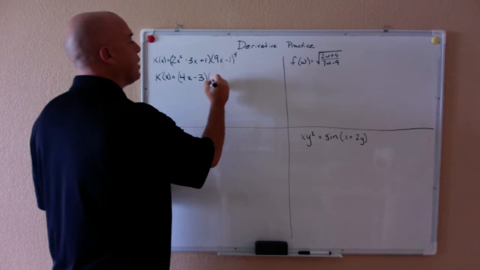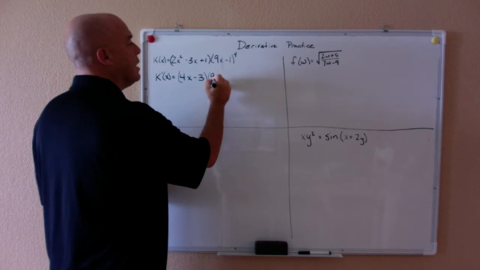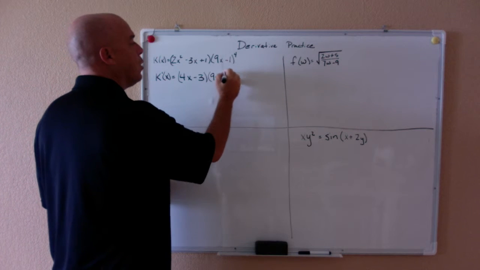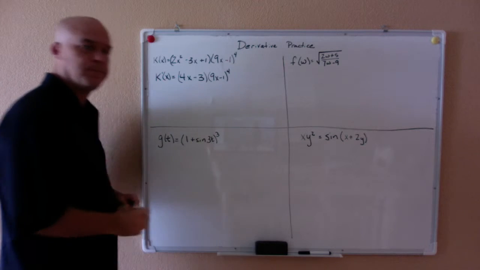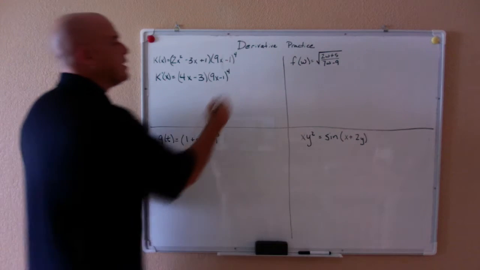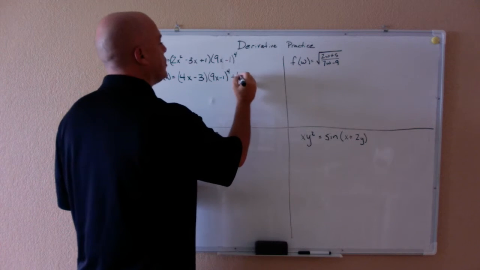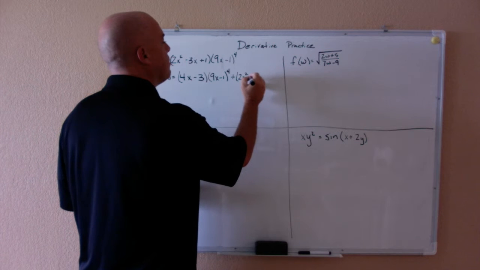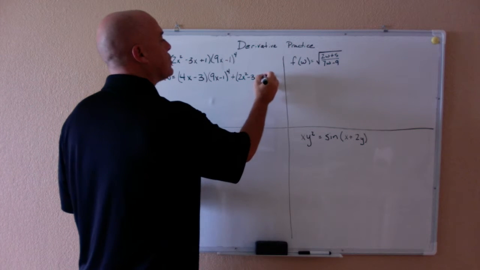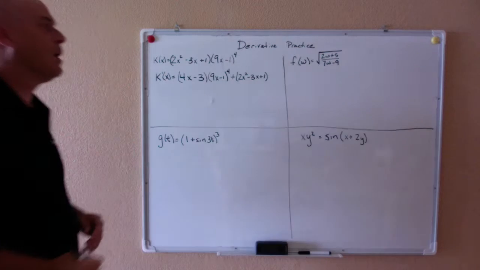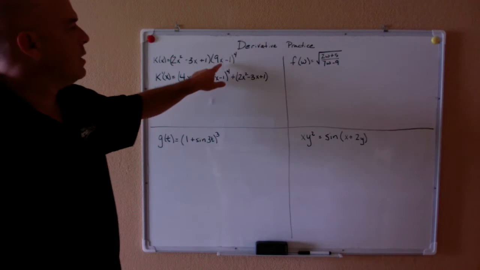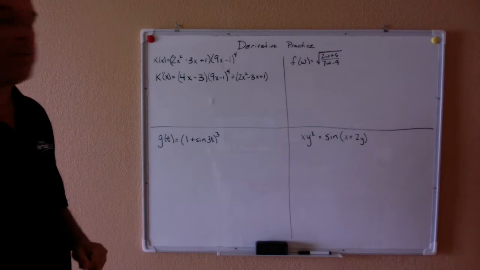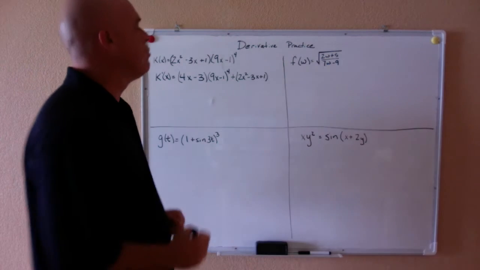That's going to be multiplied times the second part, so times 9x minus 1 to the 4th power. And then I'm going to add to that the first function, which was 2x squared minus 3x plus 1. I'm going to multiply that times the derivative of 9x minus 1 to the 4th power. This is going to require the chain rule here.